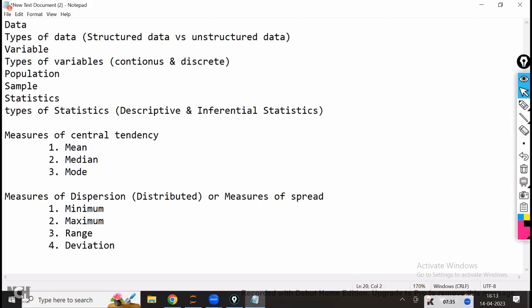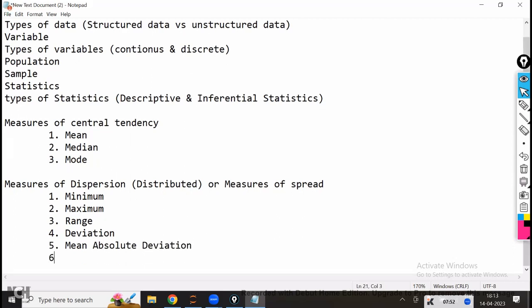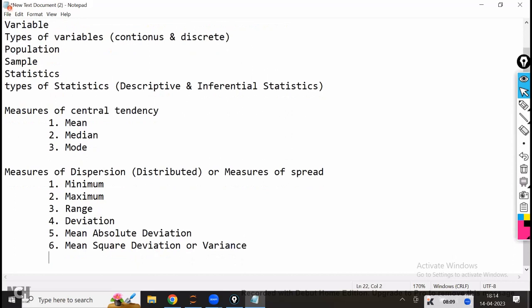After that, the mean absolute deviation. After that, the mean square deviation, which is also called variance. And the seventh one is the standard deviation.